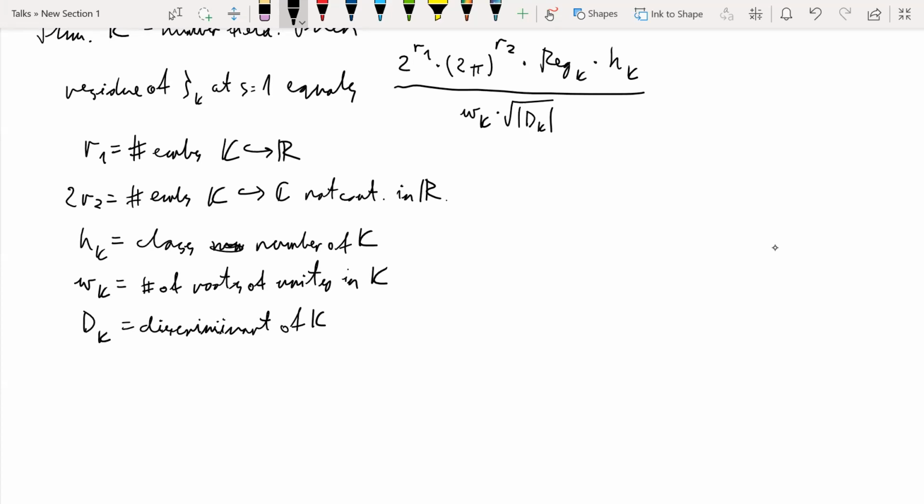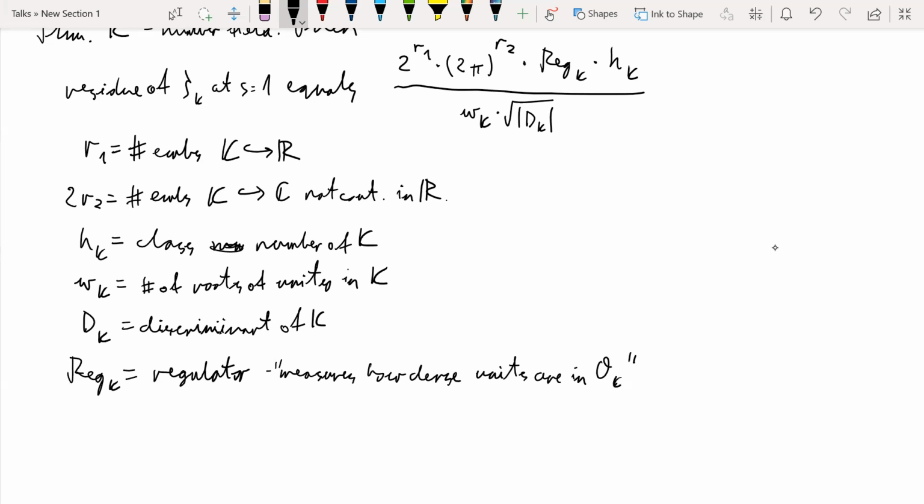Okay, and now the regulator. This is the quantity called the regulator, and it "measures" how dense units are in O_K.